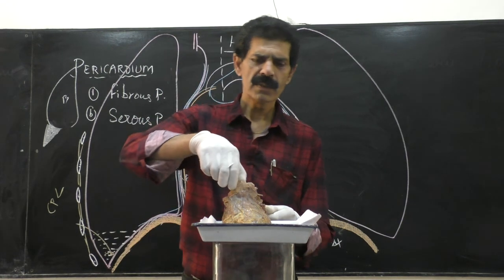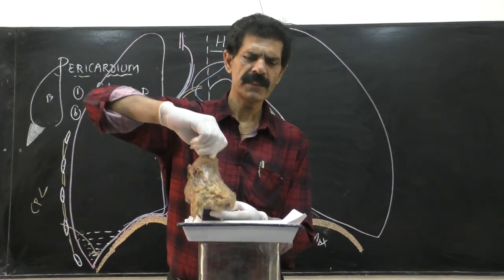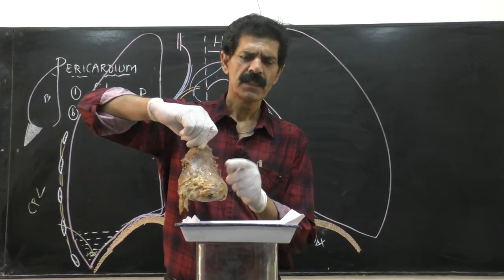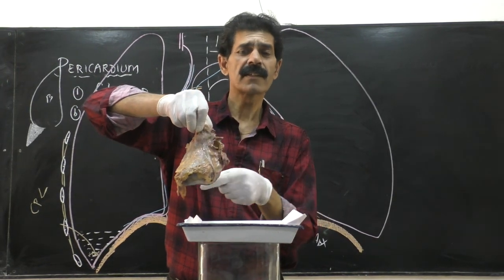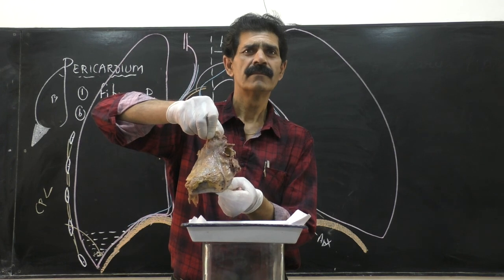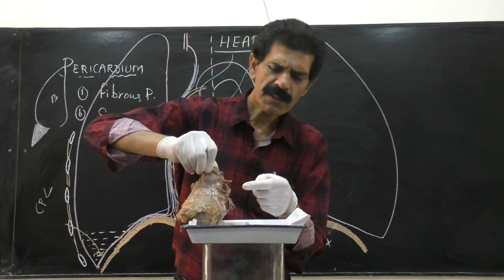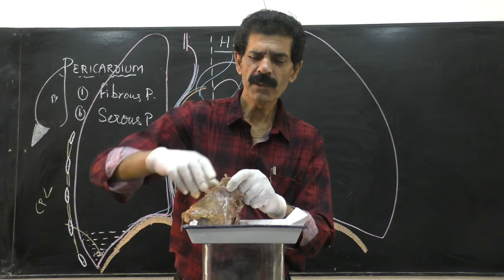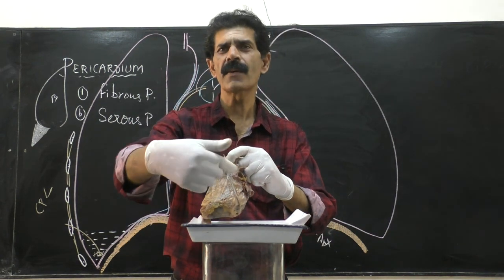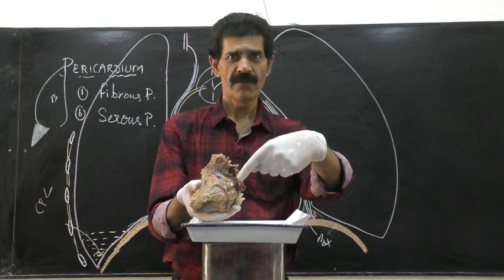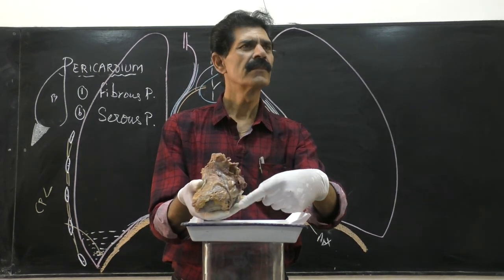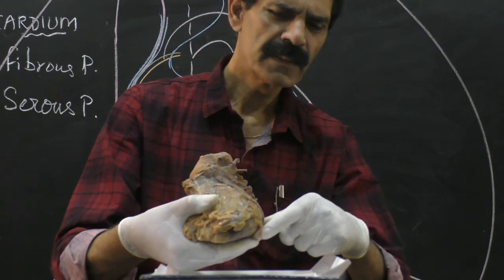Pericardiophrenic. So this is the heart, obliquely, in the anatomical position. This is the right side, this is the left side. See this great vessel. Can you see the two small blue veins accompanying it? They are the vena comitans. See the obliqueness of the heart.